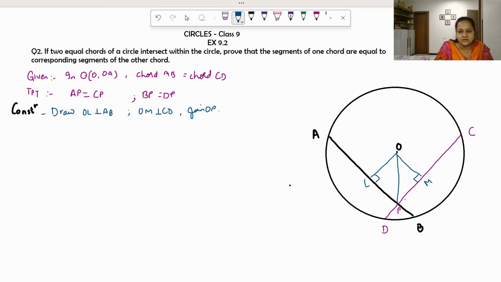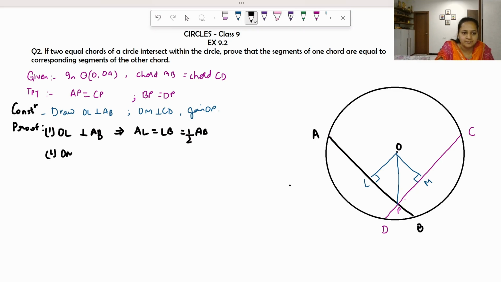Now, because of that, we can start with the proof. First thing that we've done in construction, we've written that OL is perpendicular to AB. Now, because OL is perpendicular to AB, can we not write AL is equal to LB and each is half of AB?